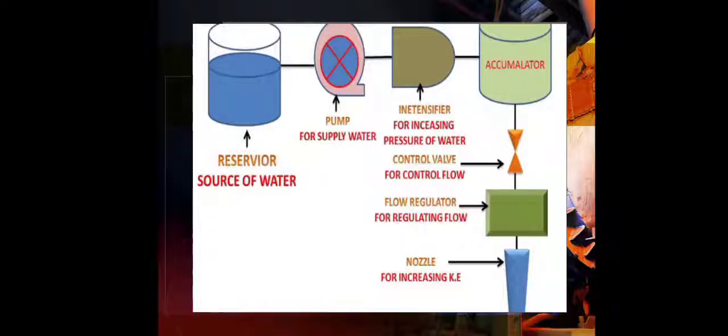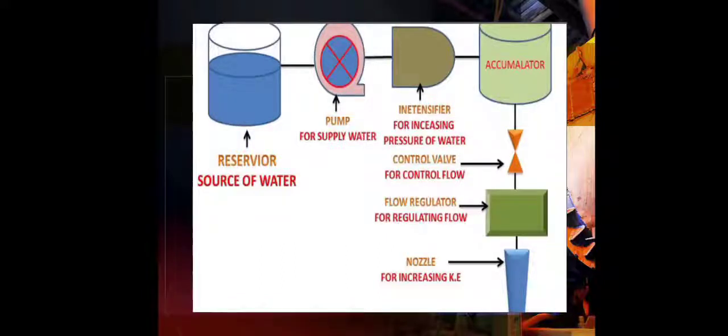So again, the process of water jet is here. You have the reservoir, which is the source of water, like a tank where the water is stored. Also the pump, or water pump, any pump that can supply water, which makes the water move through the intensifier.